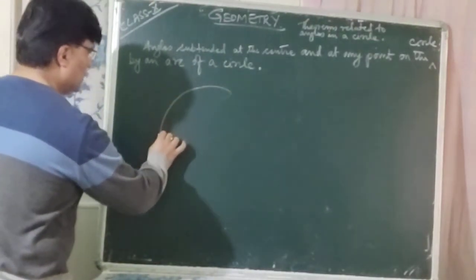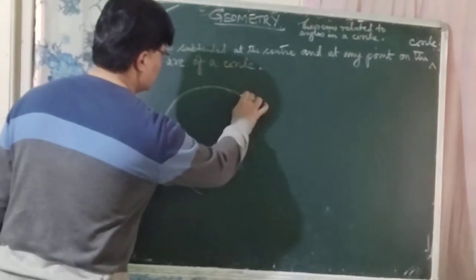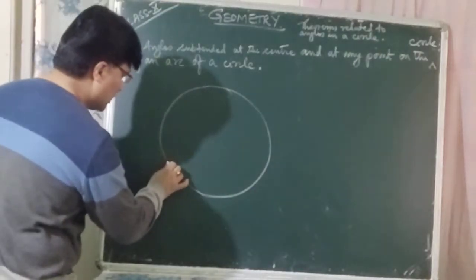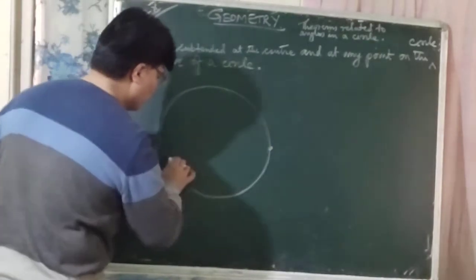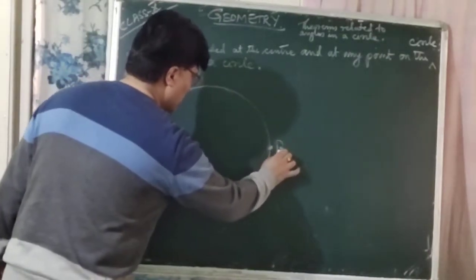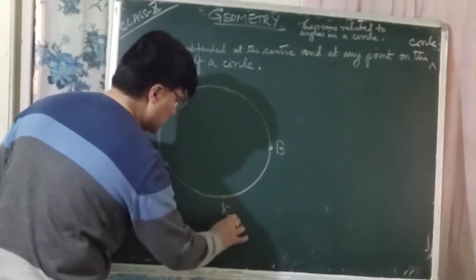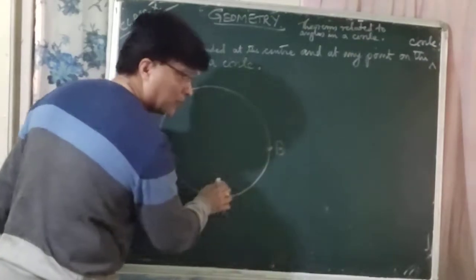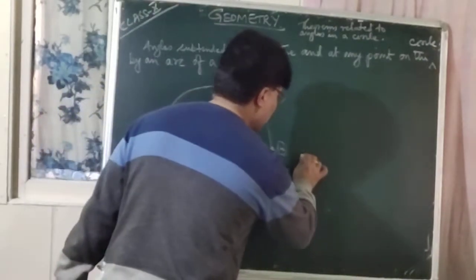So this is a circle. You take any point, any 2 points on the circle AB, and suppose this point is K. So now this AKB. So let us write this AKB here.